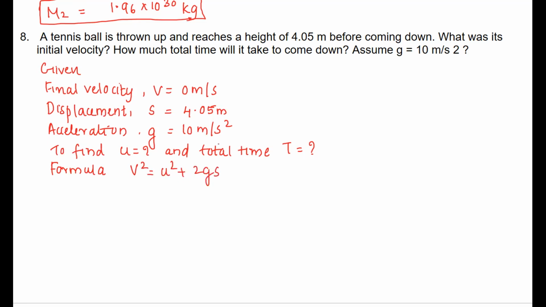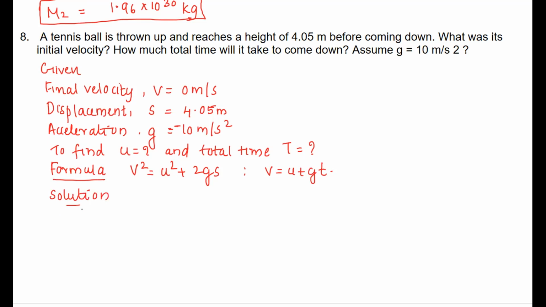Here object is moving upward, therefore g will be minus 10 meter per second square. From this equation we will get the value of initial velocity, and for finding out time we can use the formula v is equal to u plus gt. That is the formula.